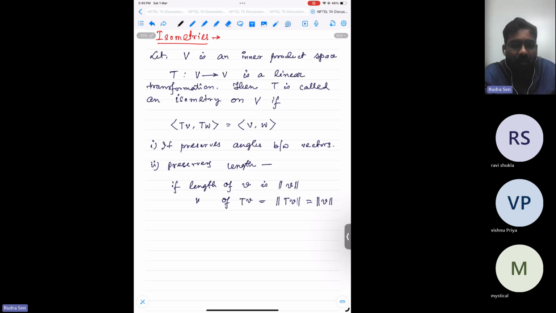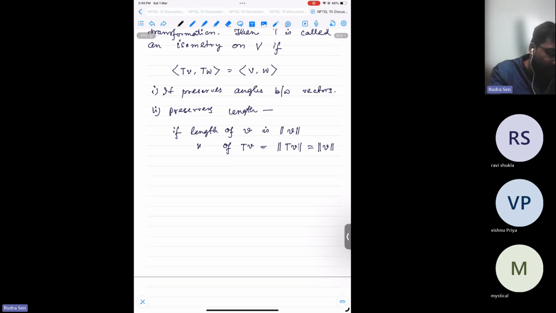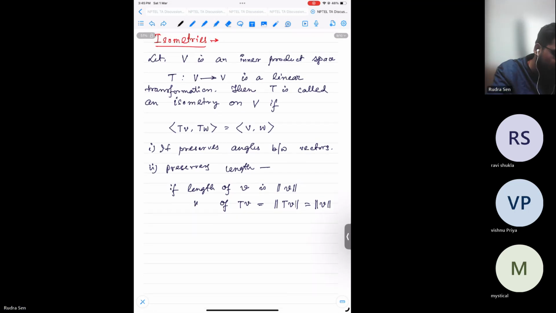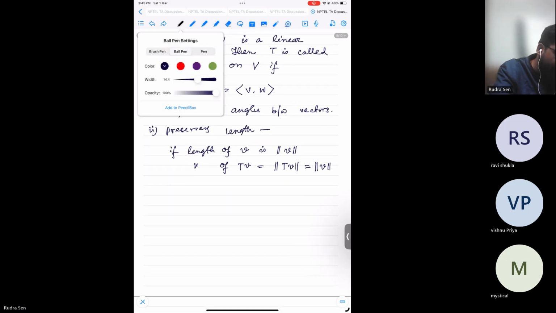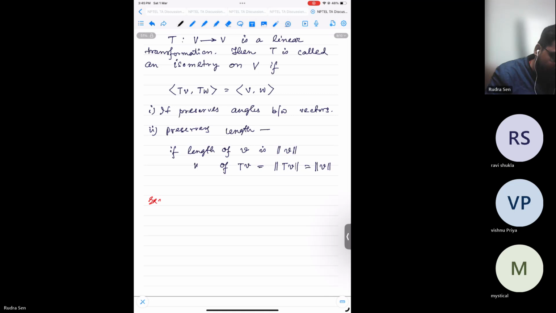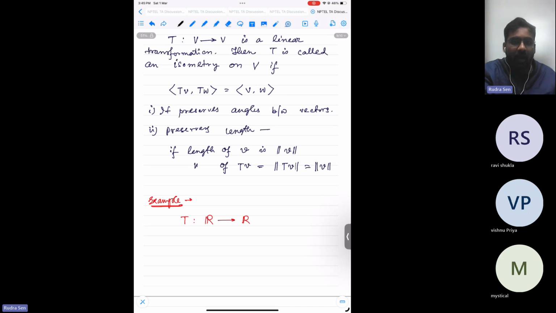Here is a small example. Consider T, a transformation that takes values from the real numbers and maps to the real numbers.